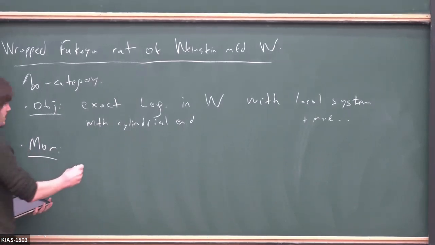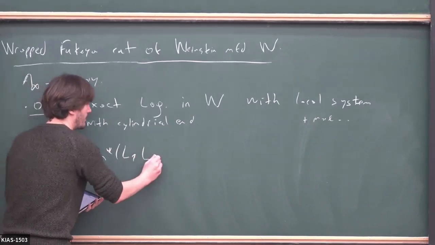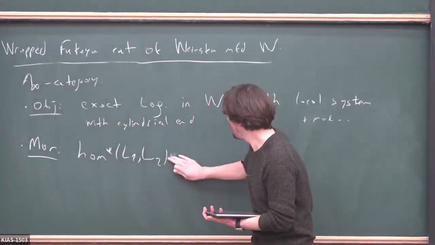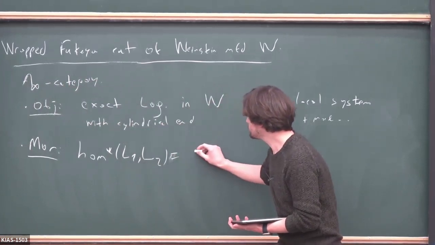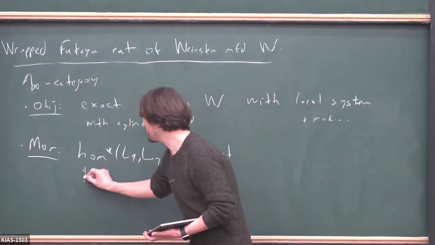So morphisms between two Lagrangians are generated, so this is like a graded vector space.